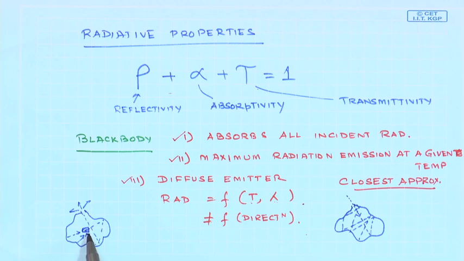Since it is coming from all points on the surface, the body placed inside the cavity will experience irradiation from all possible directions. Therefore, the black body is going to be a diffuse emitter, since it is going to irradiate the object inside the cavity equally, with equal probability from all directions.